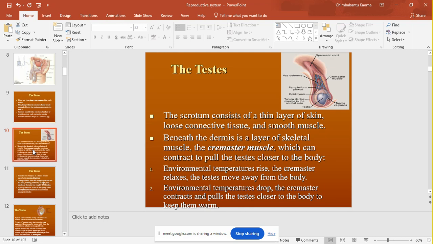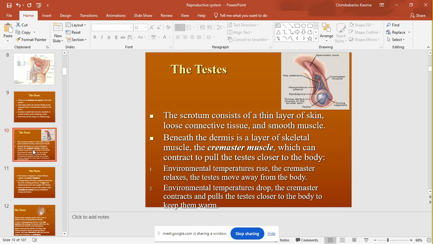And unfortunately, if the testes are in the abdomen, not only are you going to have problems producing your spermatozoa, but also these testes could, as a matter of fact, become cancerous, you know.